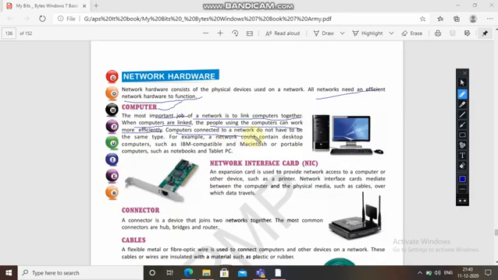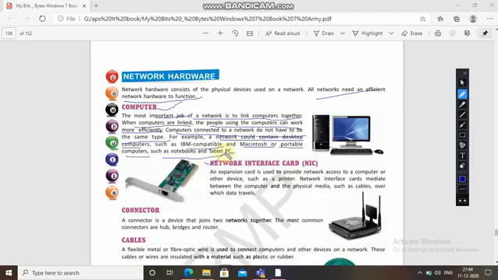Computers connected to a network do not have to be the same type. Okay, it doesn't depend that the computers connected to a network should be the same type. For example, a network could contain desktop computers such as IBM compatible, Macintosh, and portable computers such as notebook and tablet PCs. So it does not depend that the devices should be the same. A device can be anything.